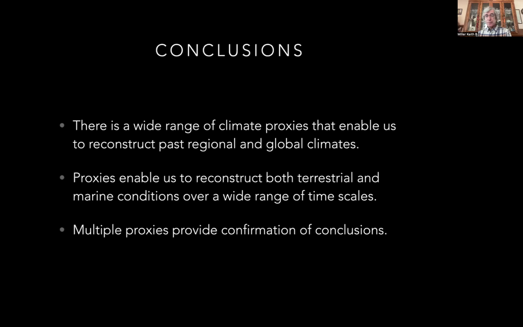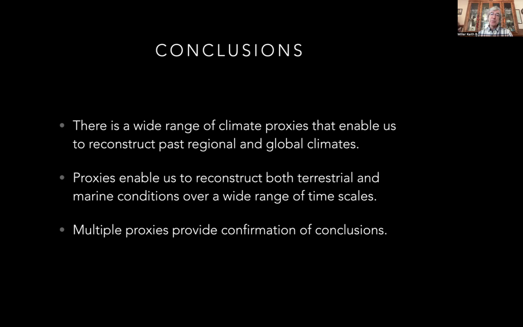So in conclusion, there's a wide range of climate proxies that enable us to reconstruct past regional and global climates. And I've just touched on a few. There are many, many different types of proxies. And you don't just use one proxy, usually multiple proxies to work out a climate at a given time in Earth history.